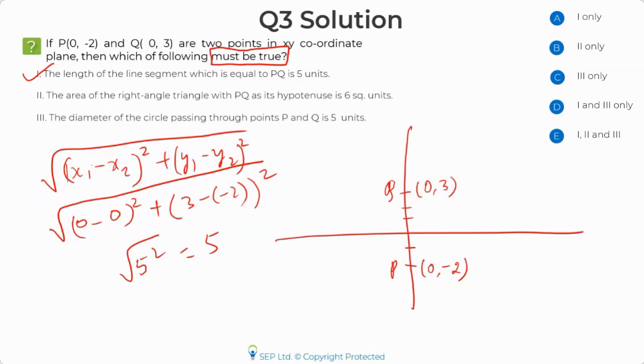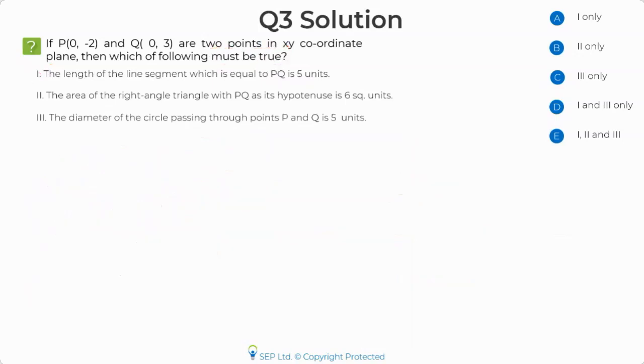Now let's look at statement 2. Statement 2 says the area of the right angle triangle with PQ as its hypotenuse. I know that the length of PQ is 5. What it says is, if a right angle triangle is created with PQ as its hypotenuse, the area of this right angle triangle is 6 square units.